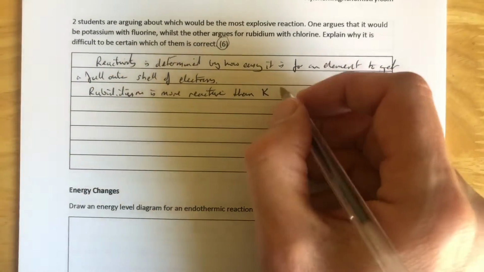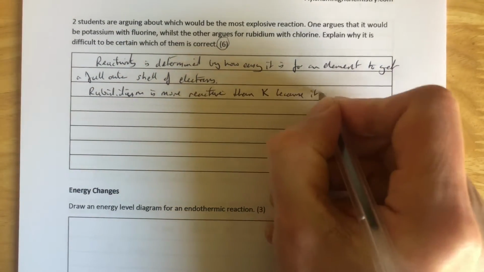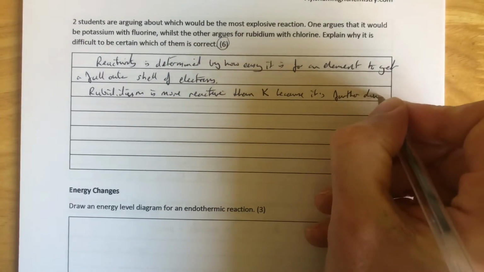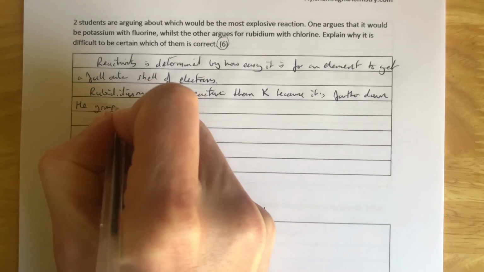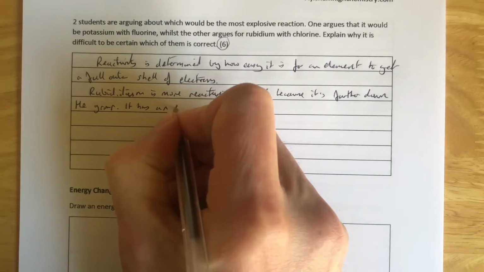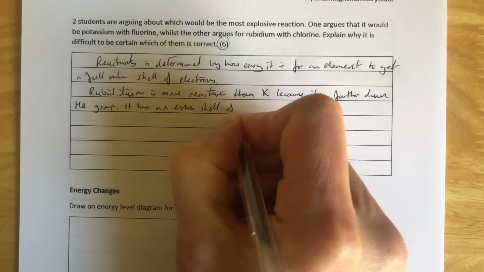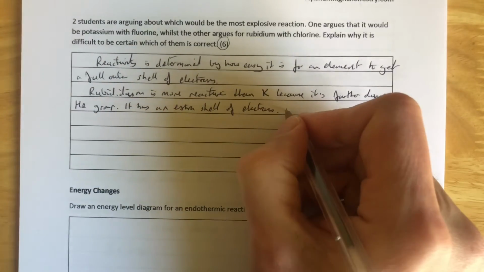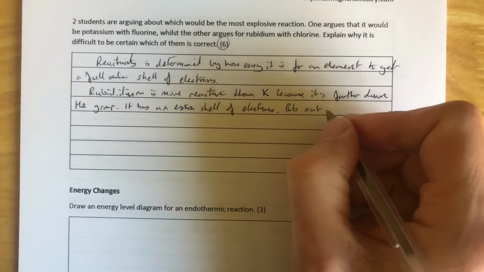Rubidium is more reactive than potassium because it's further down the group. Because it's further down the group, it has an extra shell of electrons. So rubidium's outer electron, Rb is a symbol for rubidium.